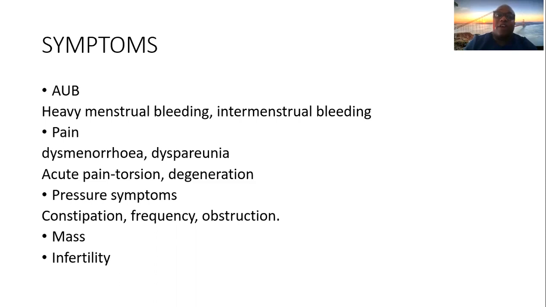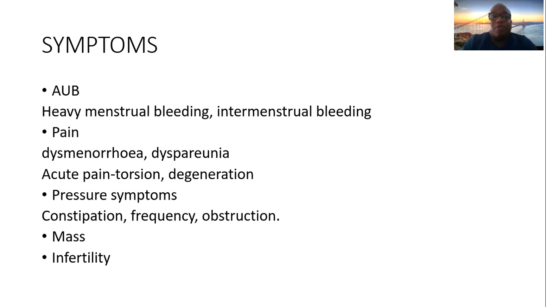Torsion is where the fibroid twists on its axis, especially the pedunculated fibroids, and this causes very severe pain. We also have a phenomenon known as degeneration of the uterine fibroids. Because of rapid growth, the fibroids outgrow their blood supply, and then you have severe pain due to degeneration.